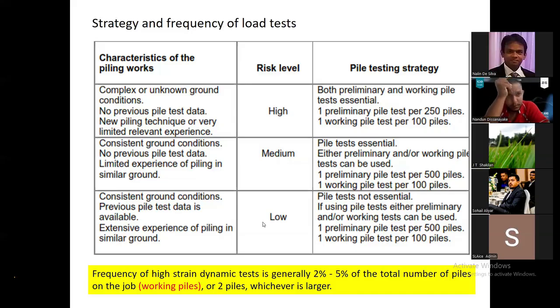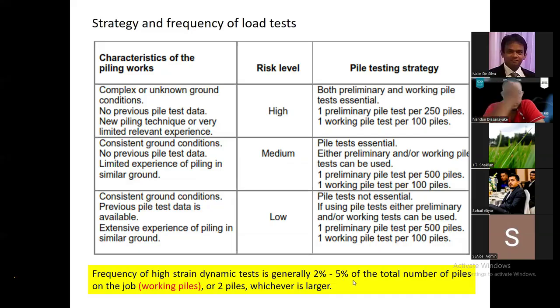For example, if the risk level is low, that means the contractor has already had experience in piling in similar ground conditions. Then in such a case, one preliminary pile may be tested for 500 piles and one working pile for 100 piles.